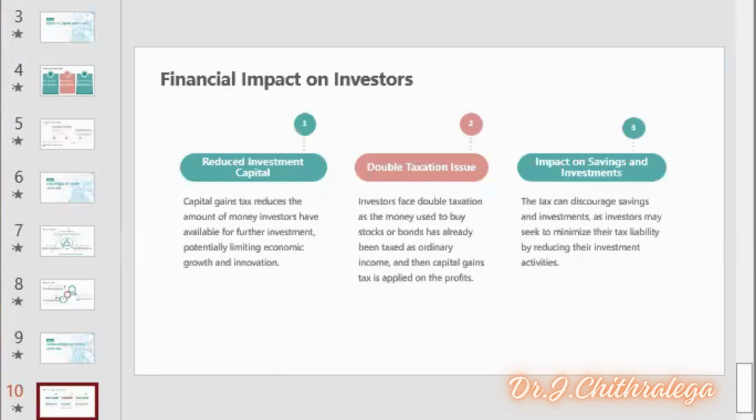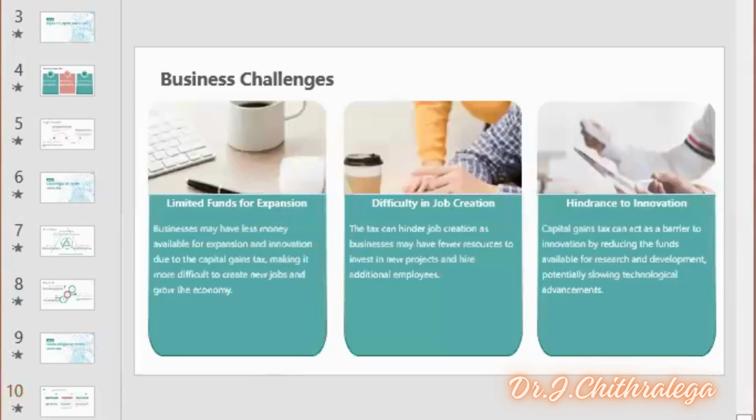When they have less money in hand, the businesses will not be able to improve their technology or make innovations which would enable them to create new jobs in the future. Then the money used to buy stocks or bonds has already been taxed as ordinary income. So adding a capital gain tax is taxation twice over. So it leads to taxation two times.